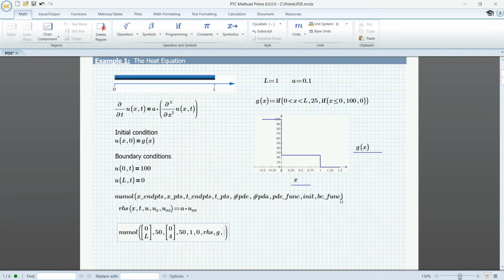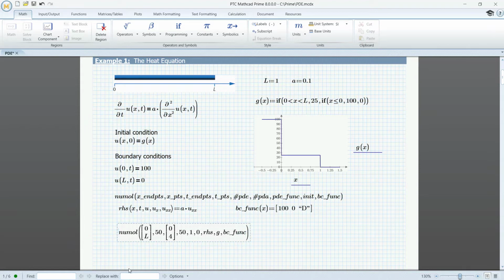Finally, for the BC function, that is the boundary condition, we can write it as BC of x colon equals a 1 by 3 matrix, where we have 100, 0, and a D, where D stands for the Dirichlet condition, meaning that we are using the temperature values at the endpoints and not the gradients, in which case we must write an N, short for Neumann condition. So here, just enter the function name.